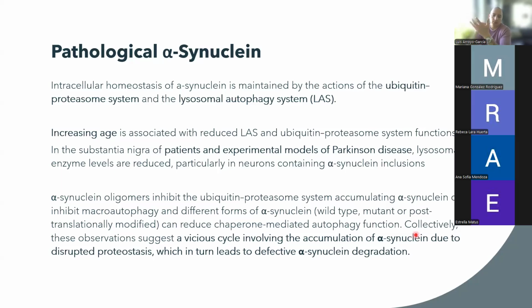But the problem is that this autophagy function is also affected by alpha-synuclein, and then it generates more alpha-synuclein. This generates a vicious cycle in which a bit of aggregate will generate more and more aggregates.